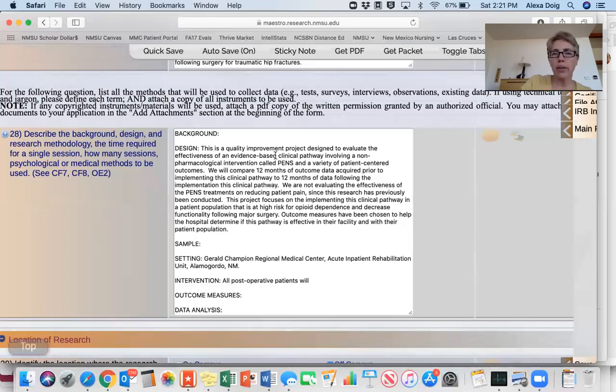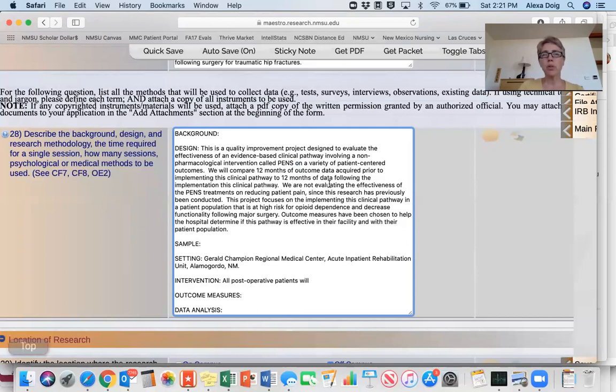And it should say on, yes, not and, but on. So I am saying, okay, this is a QI project, not really research. We're looking at the effectiveness of a clinical pathway. I've mentioned the key intervention part of the clinical pathway, the one we're really interested in, this PENS intervention.